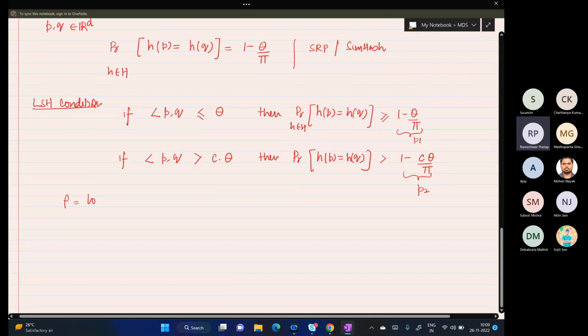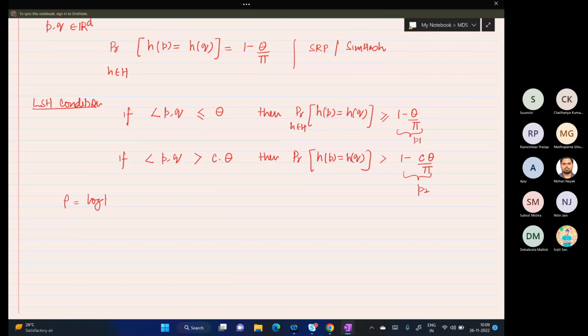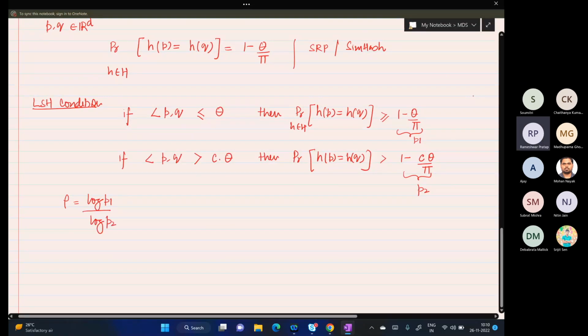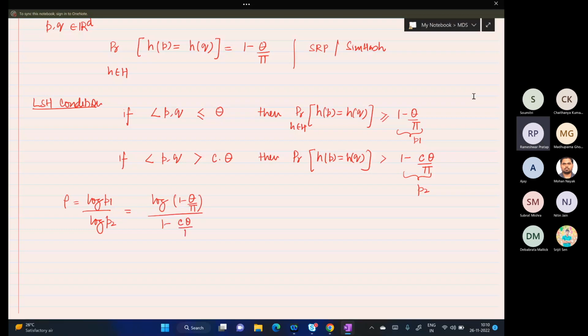Rho is log P1 by log P2. So log P1 is 1 minus theta by pi, log P2 is 1 minus C theta by pi. So this is just some approximation.